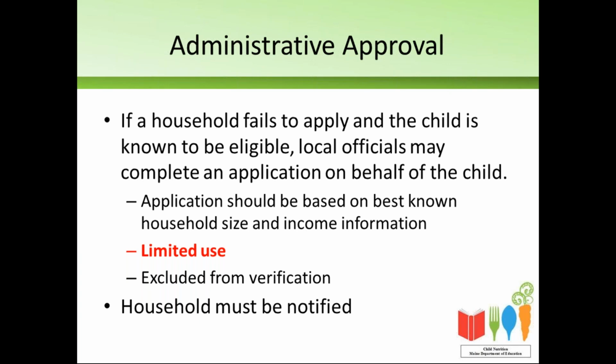They cannot make that determination. You are still included in that. Any administrative approved applications are not part of verification. The family did not give you an application. There's nothing for them to verify. However, the approval letter must be sent out to the family that they are getting that benefit.